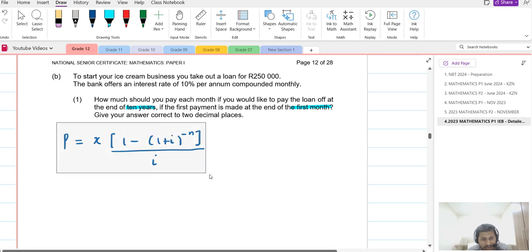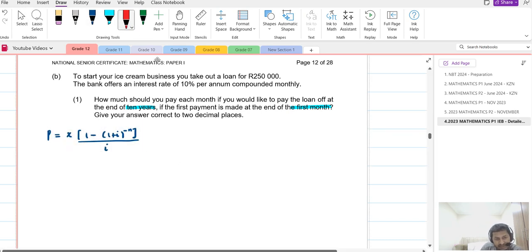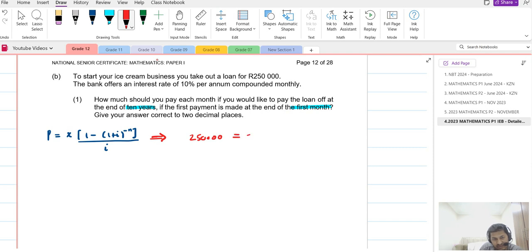Now we already have the loan amount, which is 250,000, equal to X times 1 minus (1 plus 10 over 1200) to the power negative 120. We're solving for the monthly payment X.